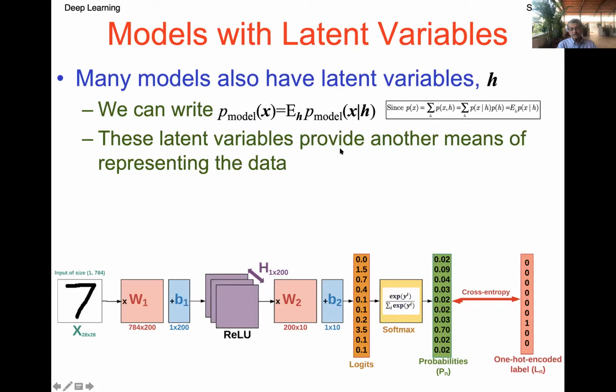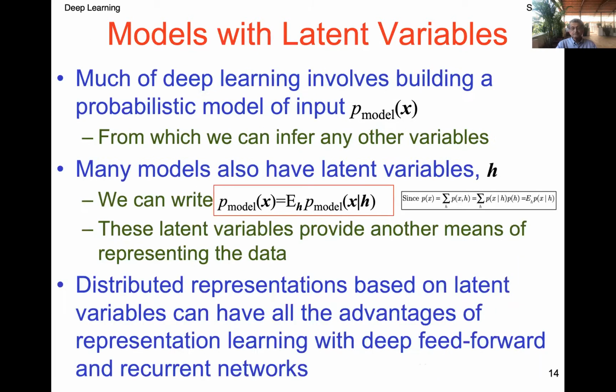So we're saying the distribution of X need not be in the original X space. It is a conditional space. So given the H, the distribution of X has got fewer parameters than over the high dimensional X space, this lower dimensional space, like we went from 1784 to 200. So much of deep learning involves building a probabilistic model, and we just saw these two statements earlier on.